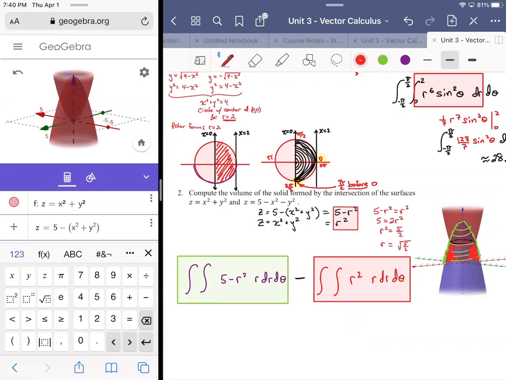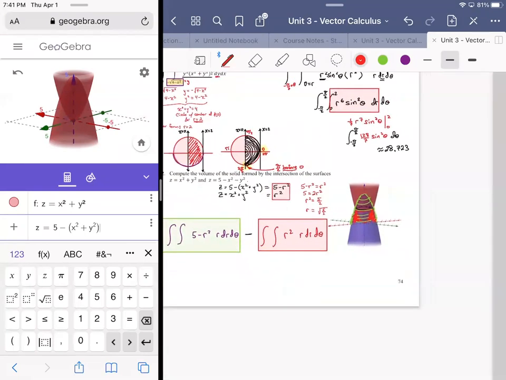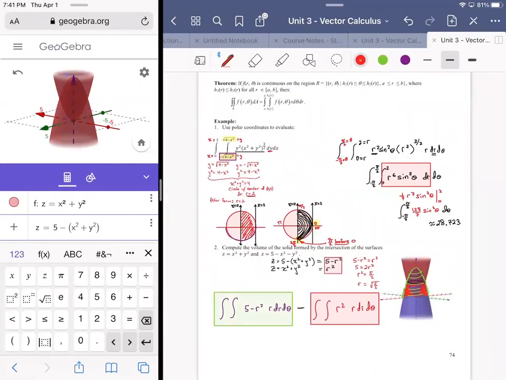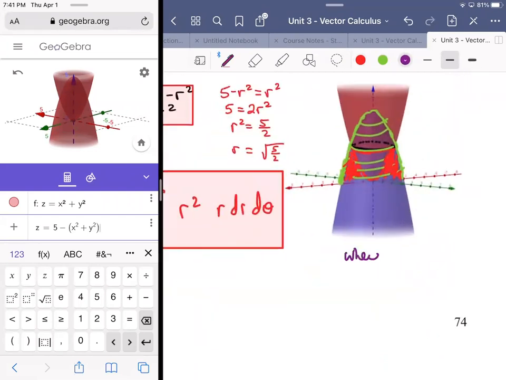We need, where does the downward facing surface, so I'll write it over here, and I'll do that in purple actually. I'm going to keep my color coding pretty consistent here. Where does z equal 5 minus r squared intersect the xy plane?